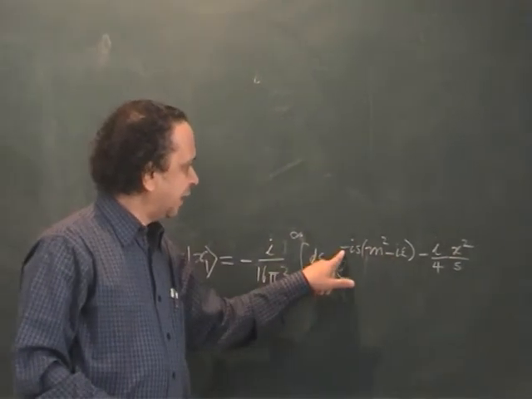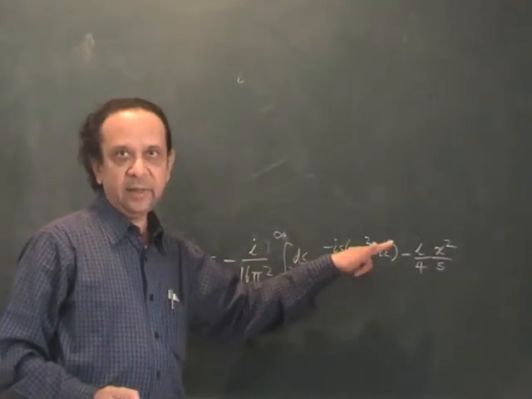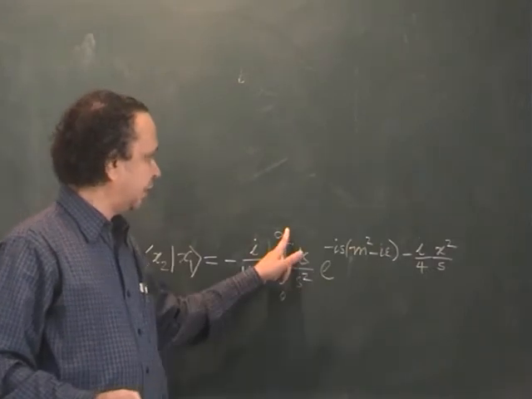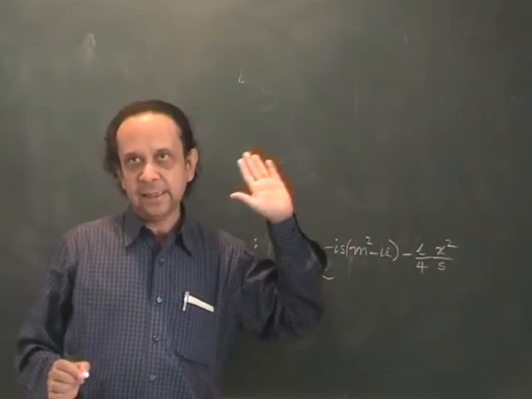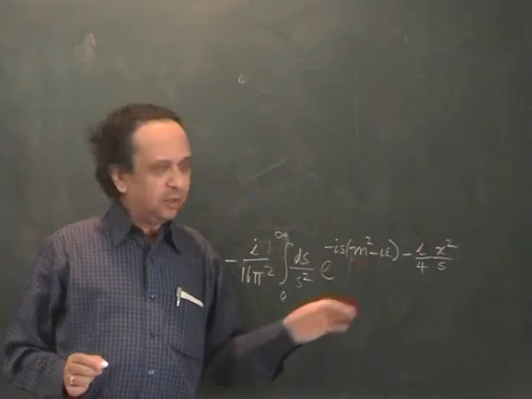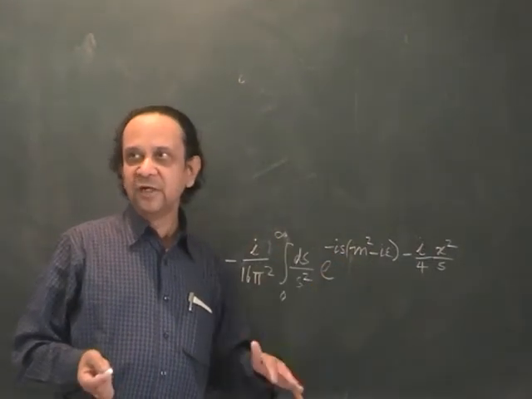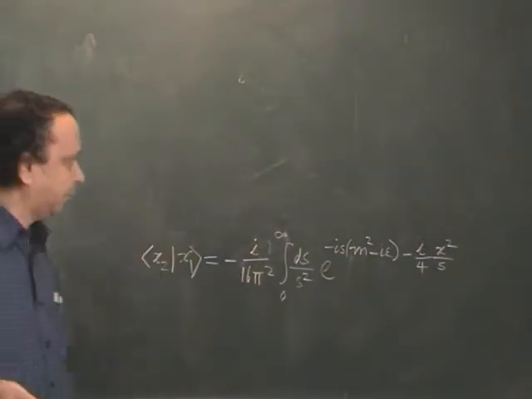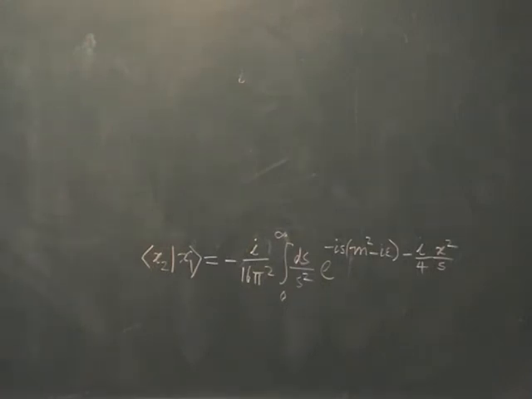So the minus and minus cancel out; i into i will give me a minus sign, so that this epsilon makes sure it converges at the upper limit. This will turn out to be more important when we do the inverse Fourier transform, but it is good to keep it here. So what I want to compute is the Fourier transform of this.